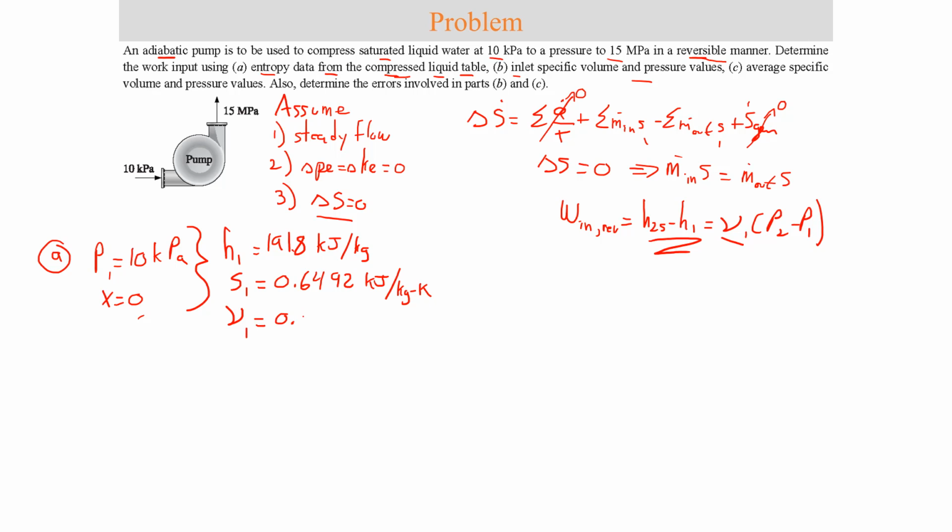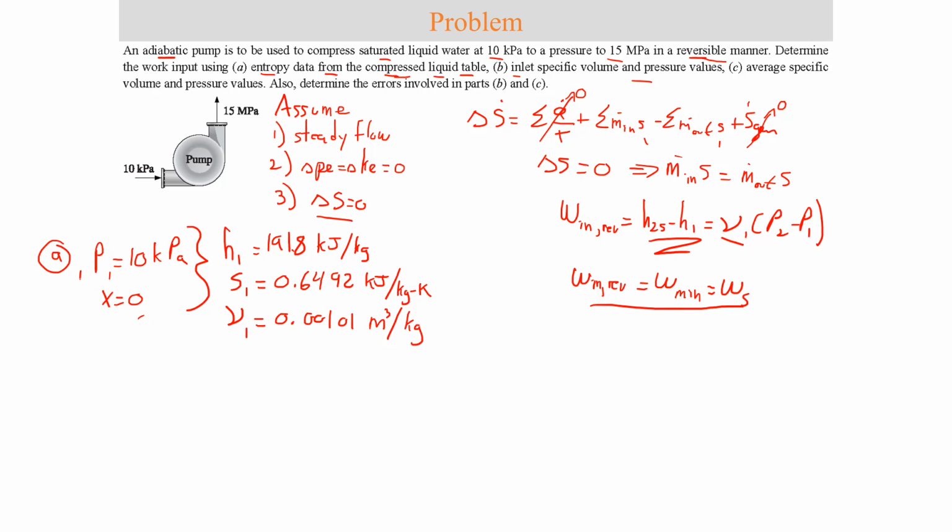That would be 0.00101 meters cubed per kilogram. And remember, for a pump, reversible work in is the same thing as minimum work in is the same thing as isentropic work. Those terms, as far as we're concerned, are all interchangeable.